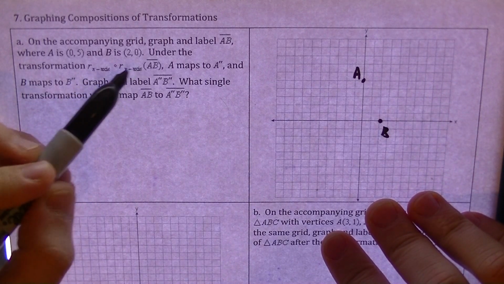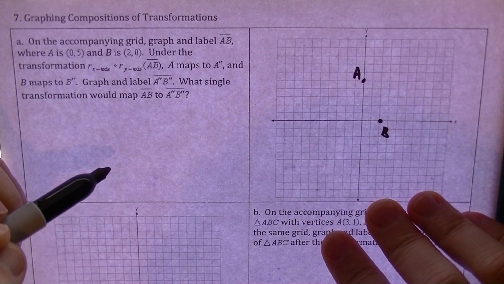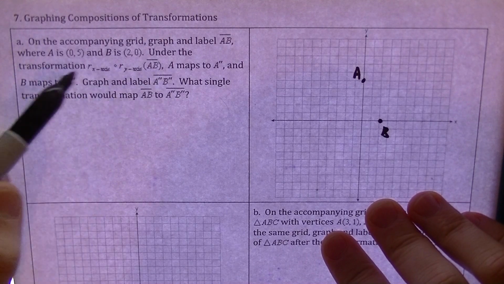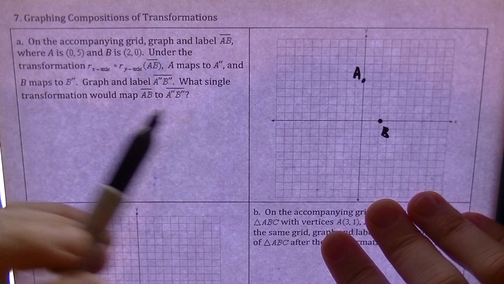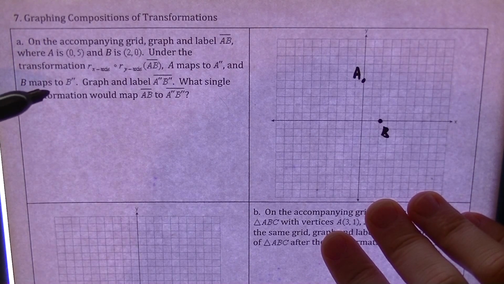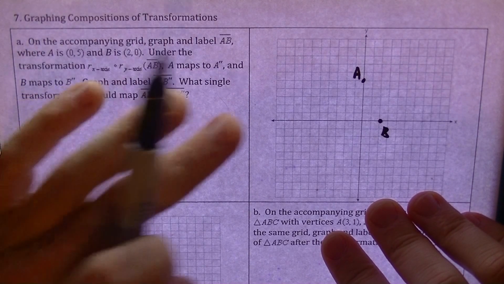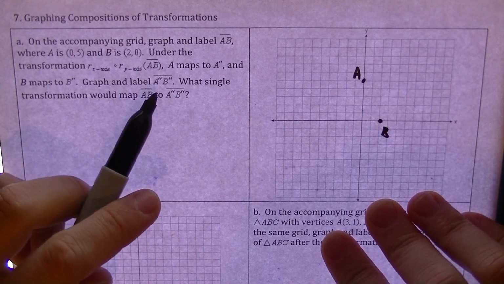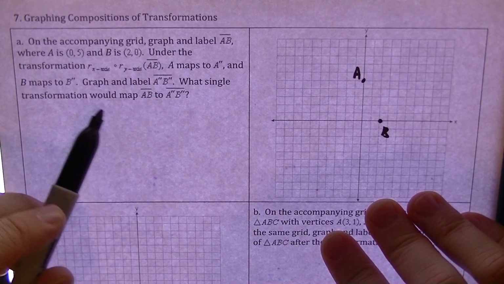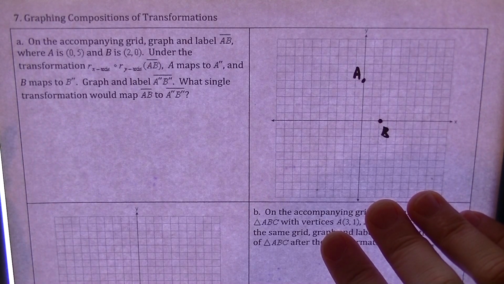Don't forget, the right one first when I have this circle thing. So first A maps onto A prime prime, and B maps onto B prime prime. Graph and label both of these. I'm just going to graph and label A prime prime and B prime prime, and after that we'll take a look at the second part.